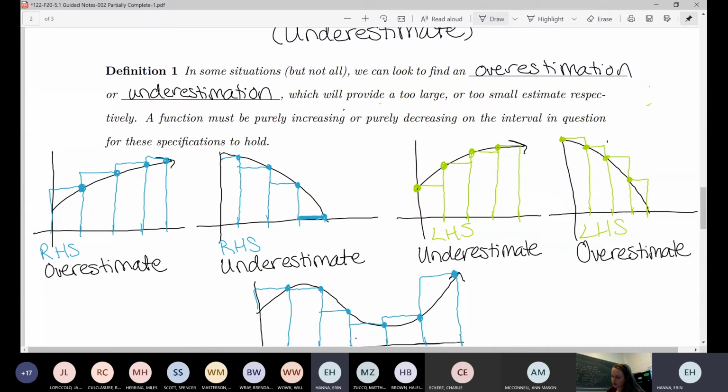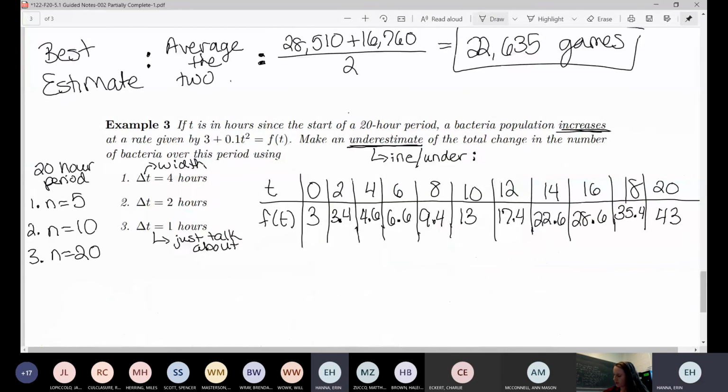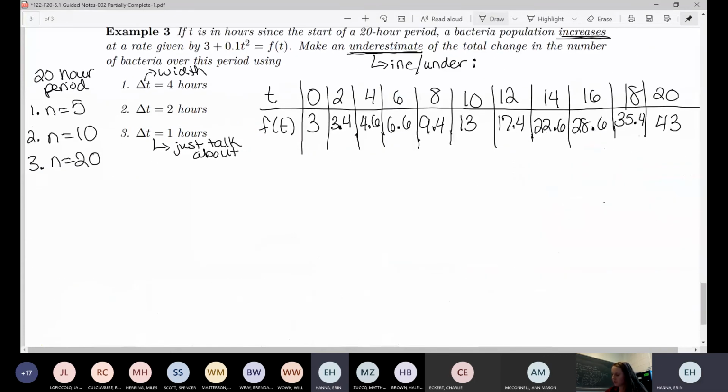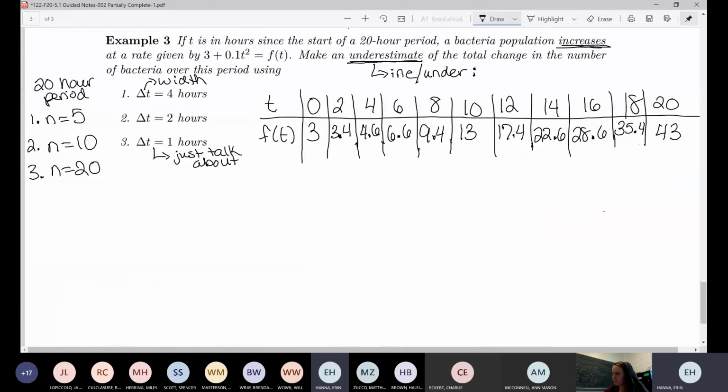So we have an increasing function and an underestimate. That's essentially going to be this third one. So we're going to look for a left-hand sum. Again, if I write the questions, I will always say left side, right side, not underestimate versus overestimate.